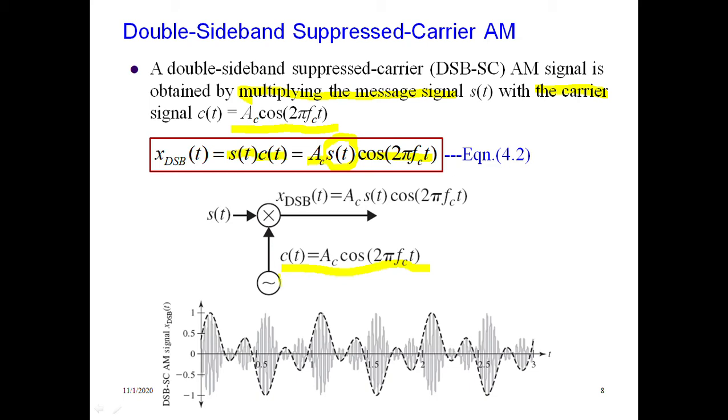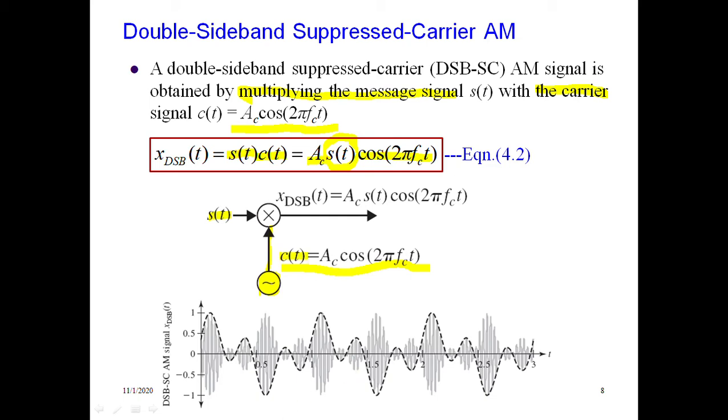This device shows an oscillator. This oscillator will generate a carrier to the multiplier. The multiplier will multiply the s(t) and also the carrier.